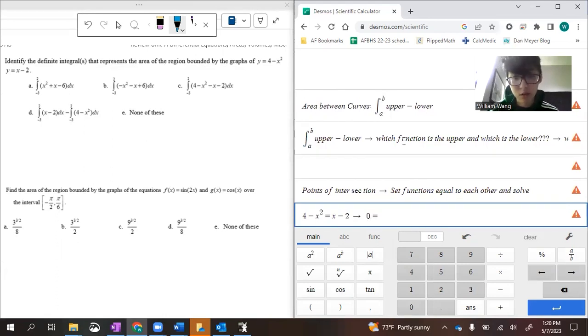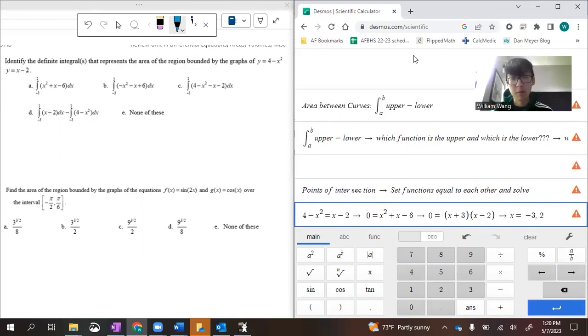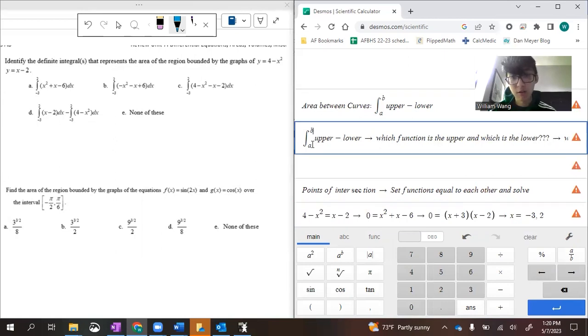So 0 is equal to positive x squared plus x minus 6, which means 0 is equal to x plus 3, x minus 2, which means x is equal to negative 3, positive 2. So my bounds here should be from negative 3 to positive 2. Right, those are my bounds.